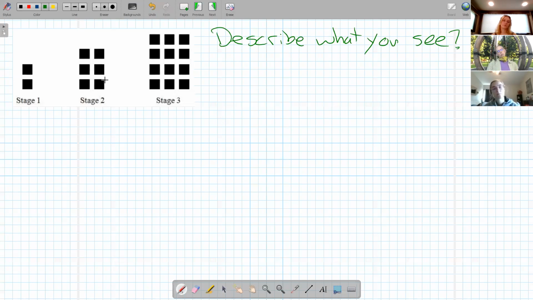So like stage 2, I might tell my mom, hey mom, I see 6 squares. And my mom says, oh, okay, you see this. Is that what I see? The answer is no. So how could I describe it better to my mom so she knows what I see? Somebody want to give this one a shot?